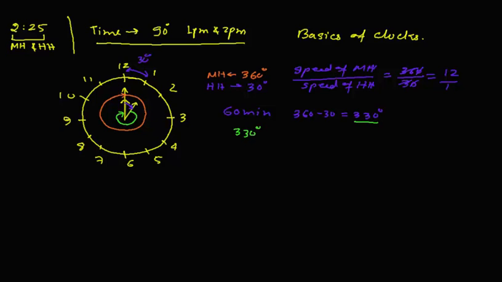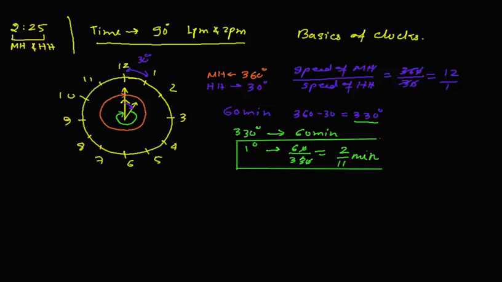So 330 degrees is gained in 60 minutes. So 1 degree is gained in 60 by 330 minutes. If I resolve it, I get 2 by 11 minutes. So this is the formula to solve questions based on clocks: to gain an angle of 1 degree between the minute hand and hour hand, it takes 2 by 11 minutes.